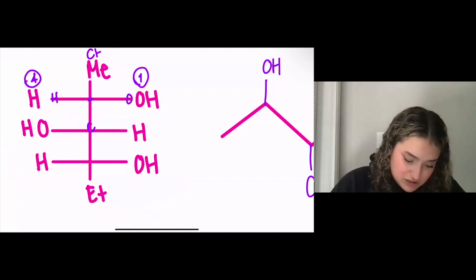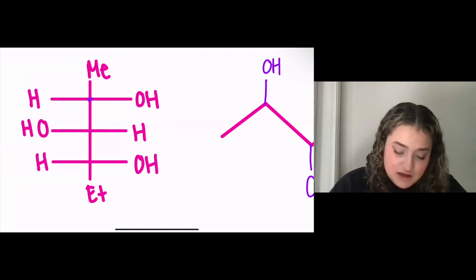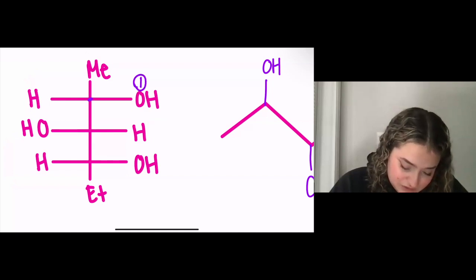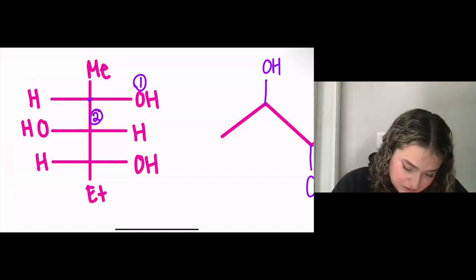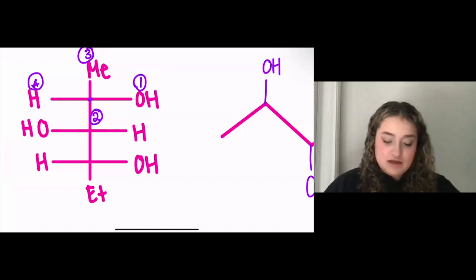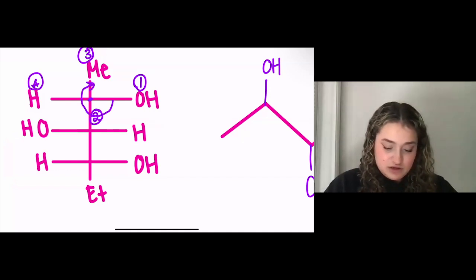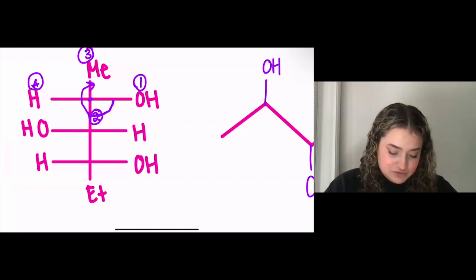So I'm going to actually take these off just so that, okay. We said that this was priority 1, this was priority 2, this is priority 3, and then this was priority 4. I'm going to do my little 1, 2, 3. So I started from 1, I went to 2, then I went from 2 to 3.